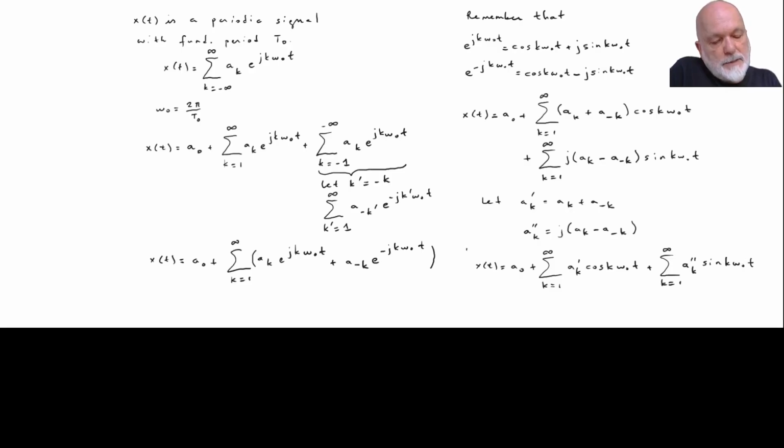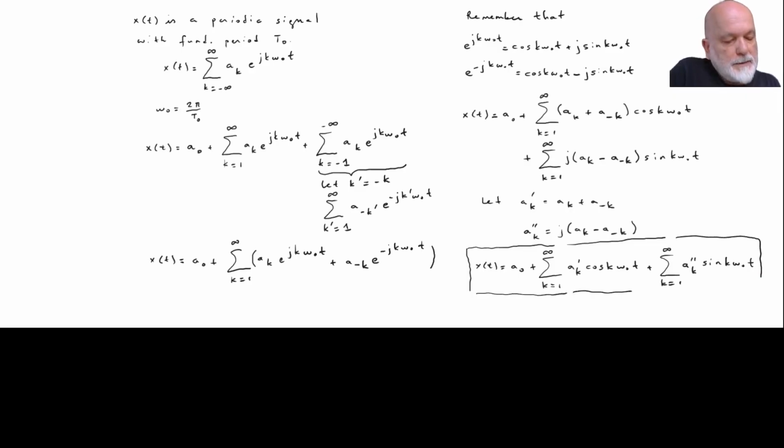Now this expression is called the trigonometric form of the Fourier series, because now we are expressing the Fourier series as a series expression in terms of the trigonometric functions. So this is the so-called trigonometric form or version of the Fourier series.